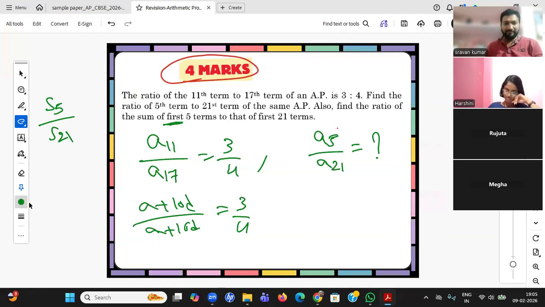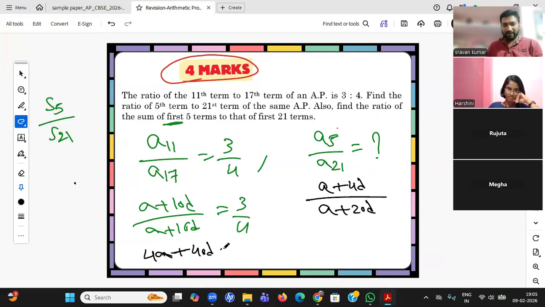So he's asking A5, right? A5 will be A plus 4D divided by A plus 20D. From this, you can just say 4A plus 40D equals 3A plus 48D. So this implies A equals 8D, that's all.